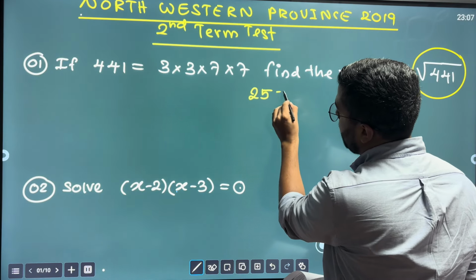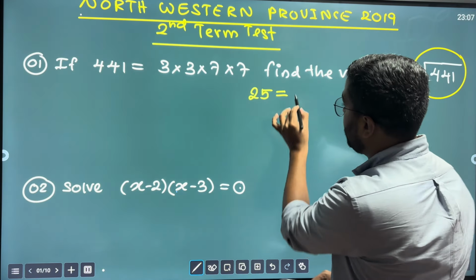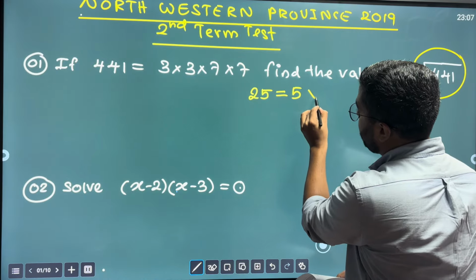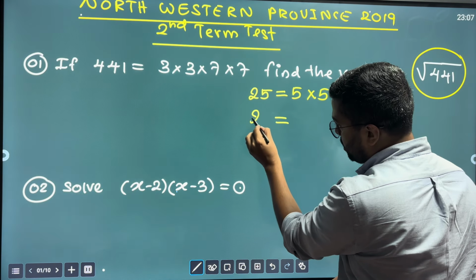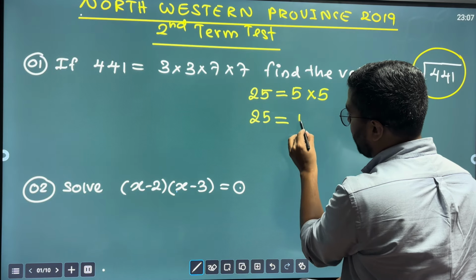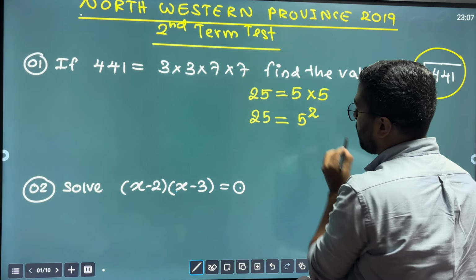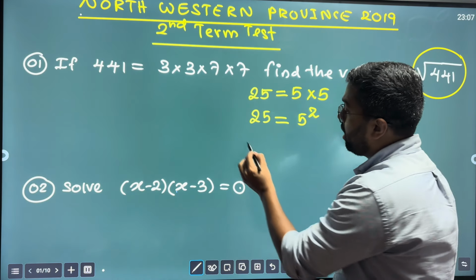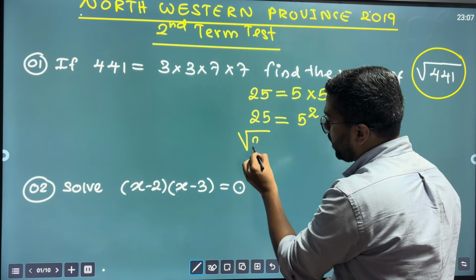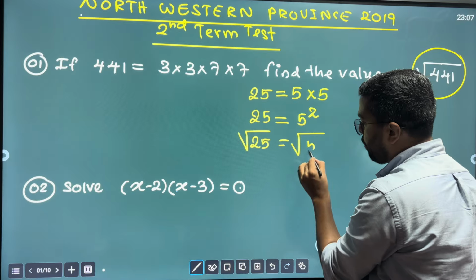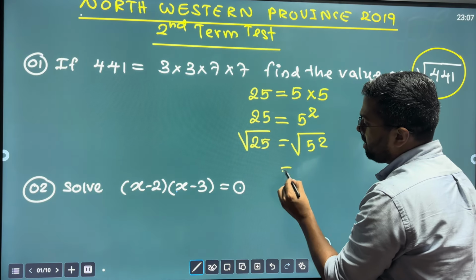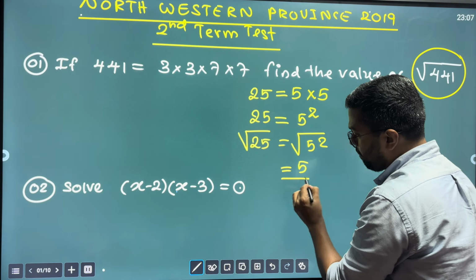Let me consider the number 25. We can write it as 5 times 5, right? Using index notation, the same number 25 I can write as 5 to the power 2, 5 squared. Now if you are talking about the square root of 25, that is equal to the square root of 5 squared as well. So the final answer will be equal to 5.